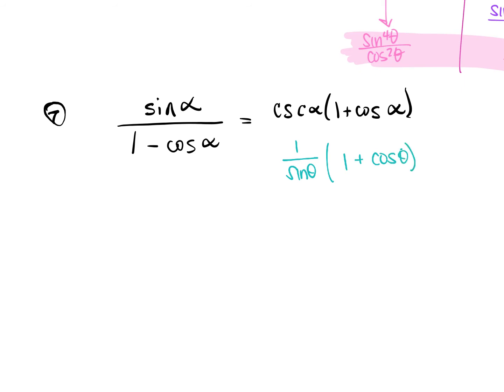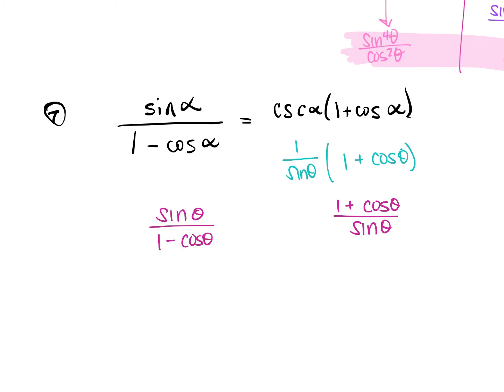Okay, so from here, what else can we do? Would this be the same exact thing as saying 1 plus cosine over sine if we were to multiply? Is that the same thing as your other side?